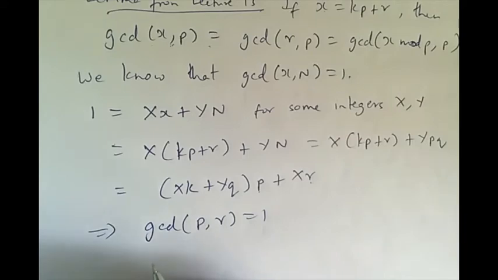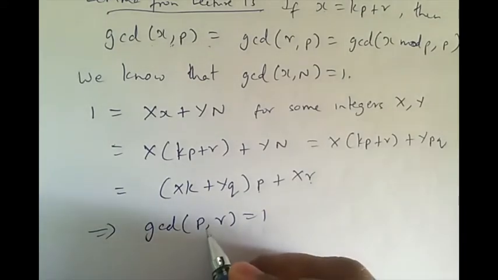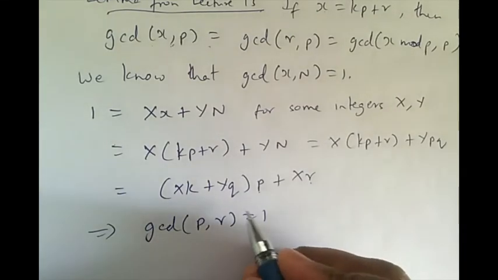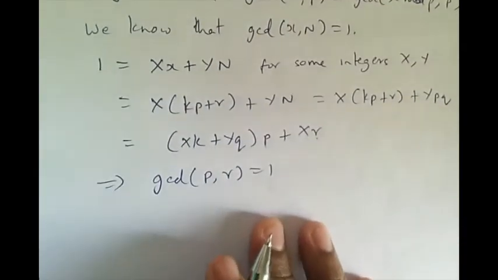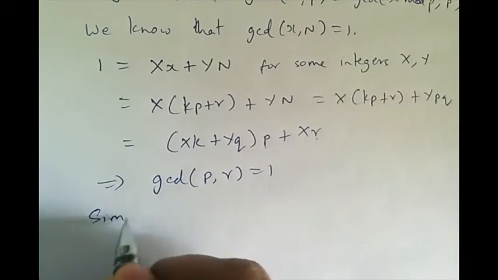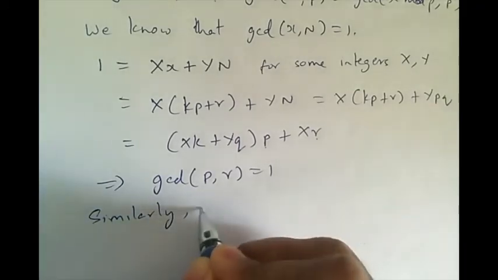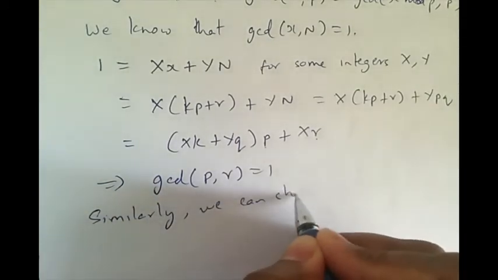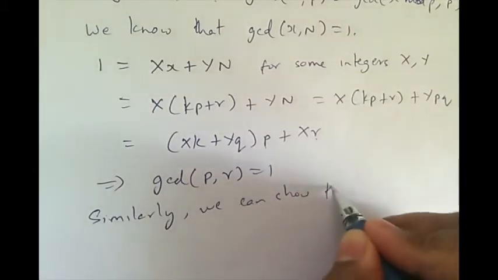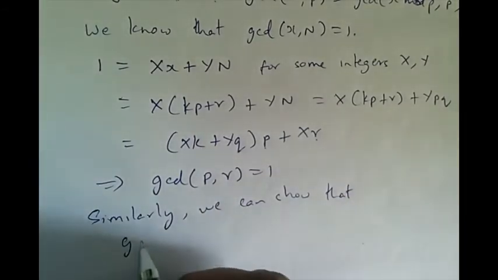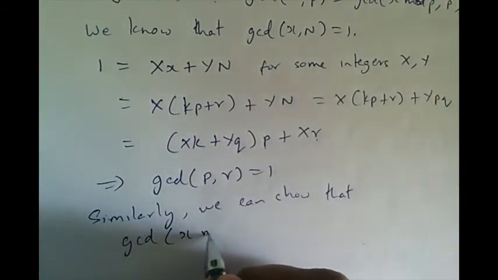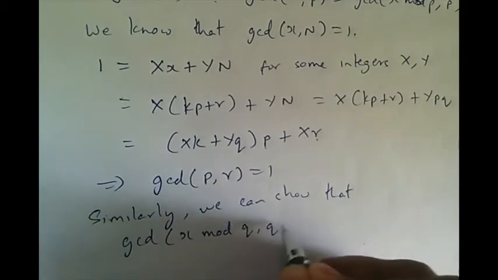And the proof for showing that the GCD of q and r is 1, or not, I should not say r, because r is x mod p. So similarly we can show that the GCD of x mod q and q is 1.